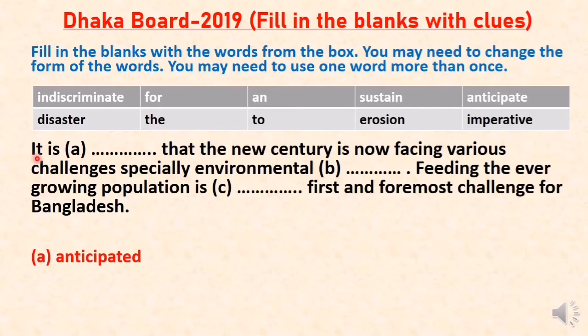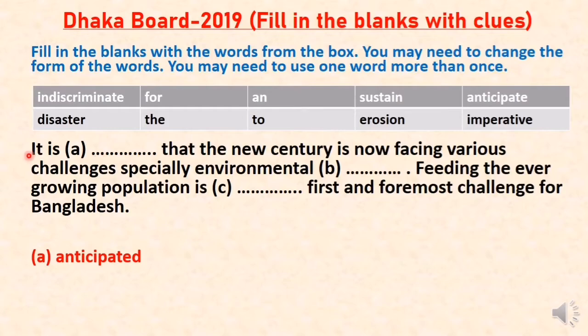We know in passive voice we usually write subject, then helping verb, then V3 form. As this is the present indefinite tense, after is we are going to use anticipated as the V3 form, that means past participle form.